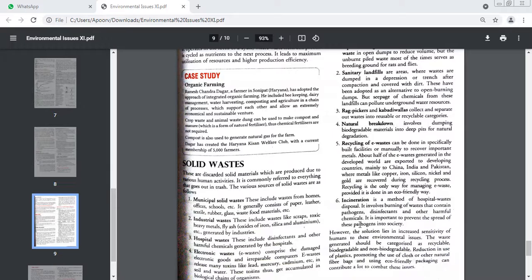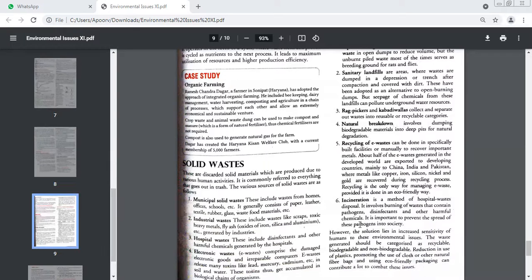Iron, silicon, nickel, copper, gold. Yes. So that is why I told you the main purpose of recycling e-waste is to recover important metals. Which important metals have you come across in this paragraph? Copper, iron, silicon, nickel, and gold.